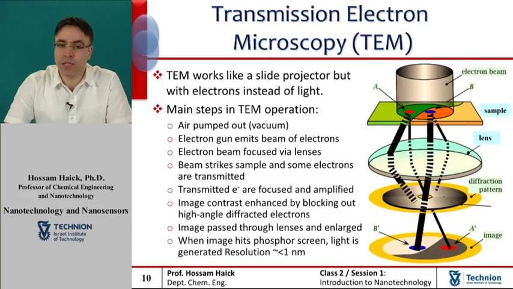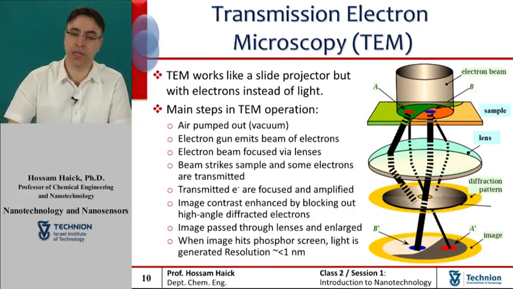TEM forms a major analysis method in a range of scientific fields in both physical and biological sciences. TEMs find applications in cancer research, virology, material science, as well as pollution, nanotechnology, and semiconductor research, and of course, in the current lecture, we will focus on nanotechnology.